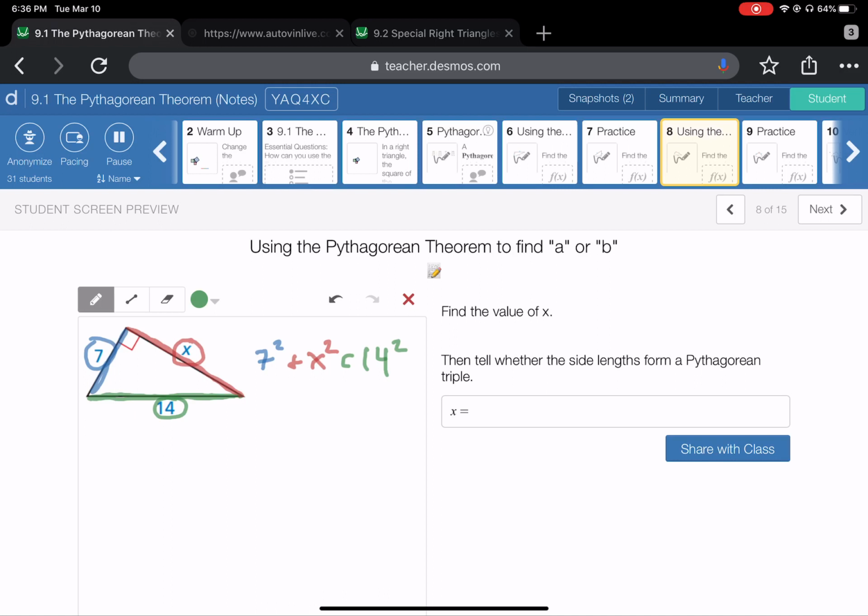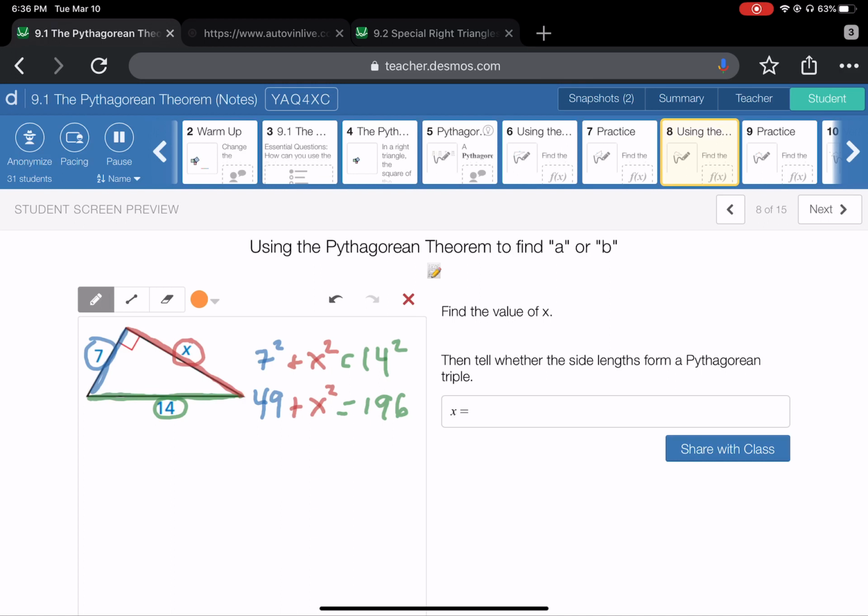Alright, so we're going to go ahead and solve this out by multiplying and finding our exponents. So here we have 7 squared is 49 plus x squared, because we don't have a value for x, and then we're going to take 14, raise that to the power of 2, and that's going to give us 196. Now here we're going to have to isolate our x value.